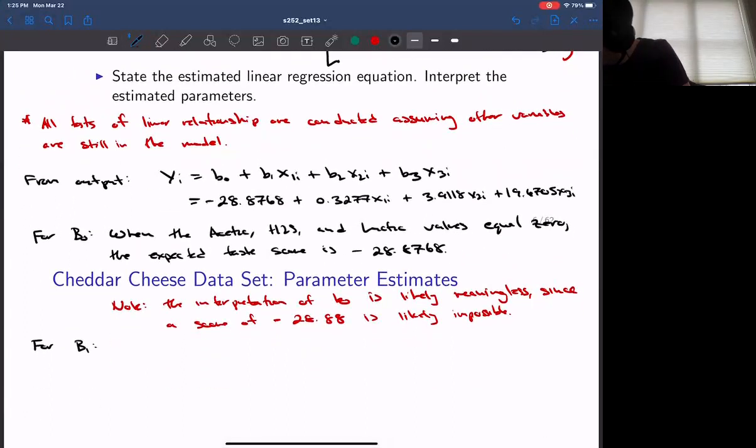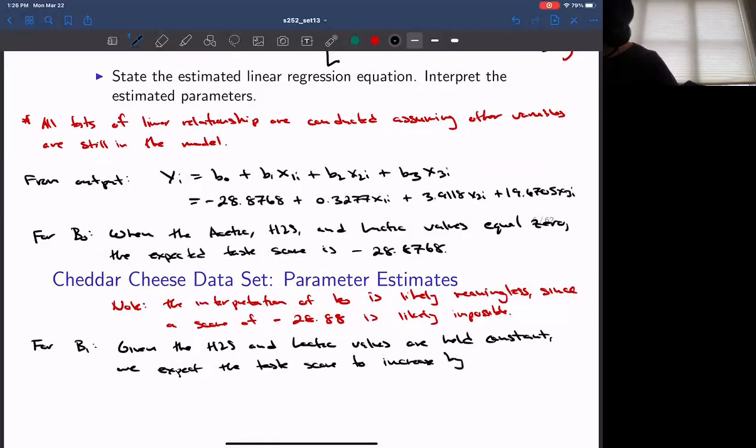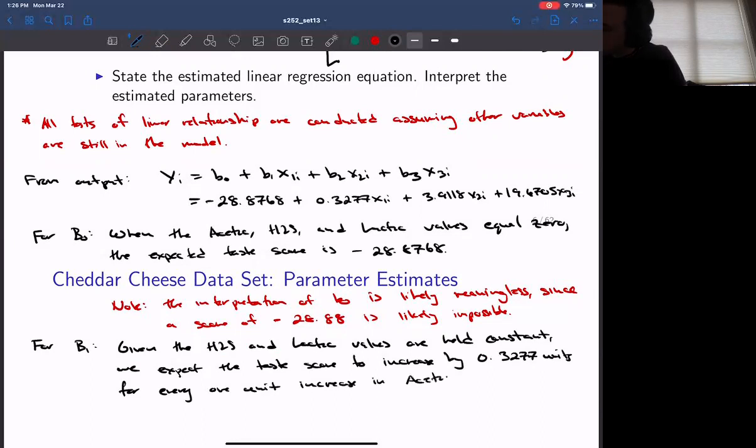So what we would do here is, given the H2S and lactic values are held constant, we expect the taste score to increase by 0.3277 units for every 1 unit increase in acidic.